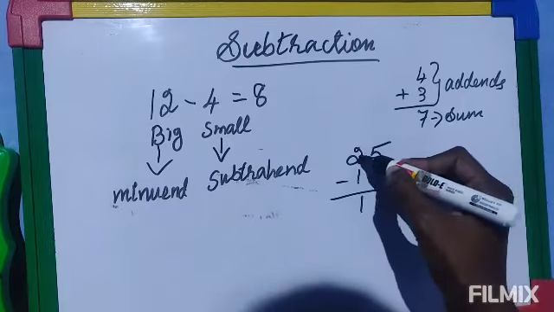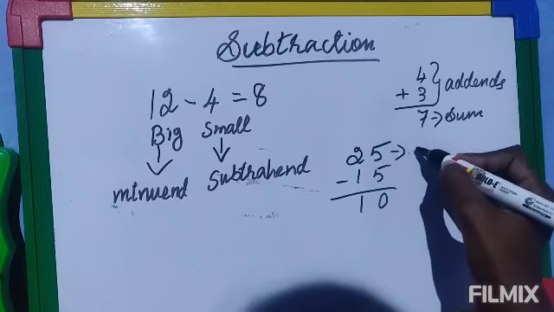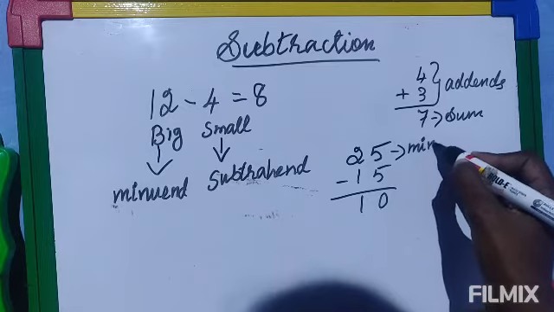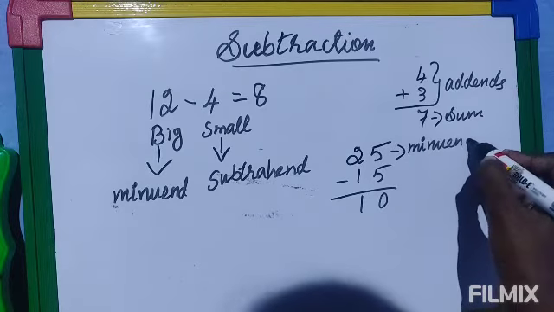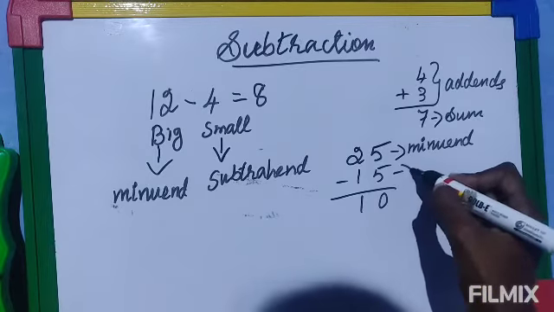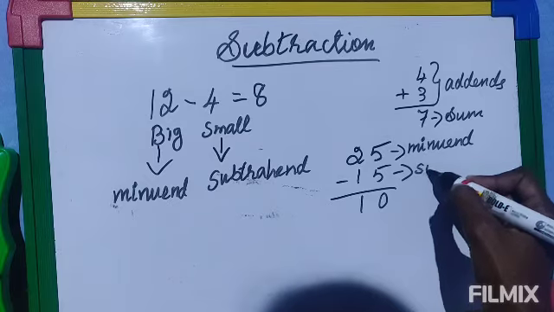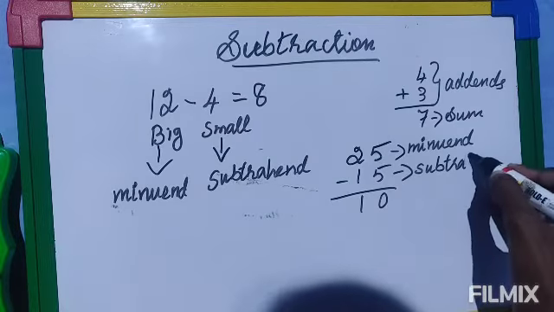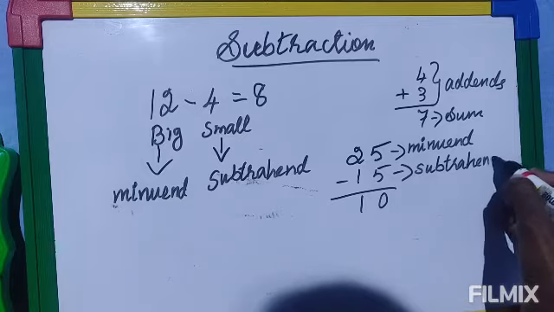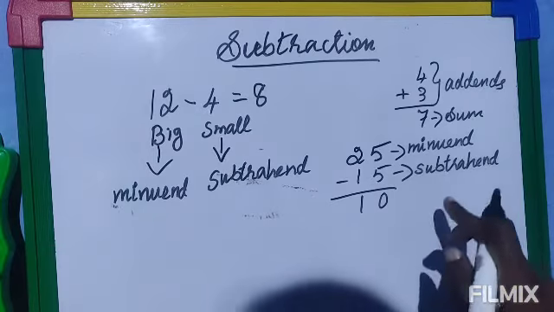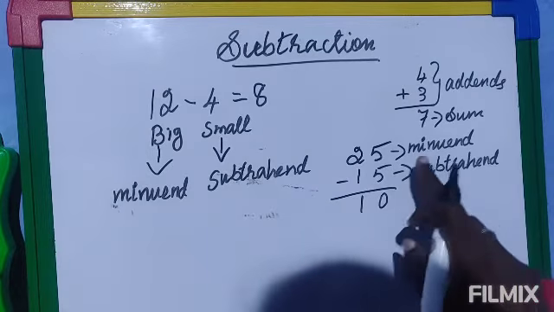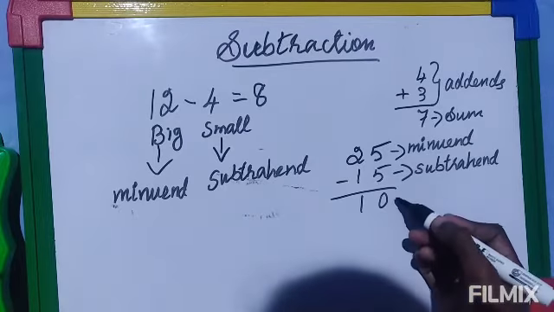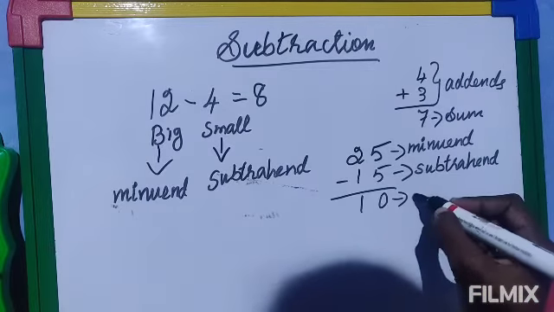So here the bigger number on the top is called minuend, and the smaller number is called subtrahend. Learn the spelling. The bigger number is called minuend and the smaller number is called subtrahend. And the answer we are getting is called difference.